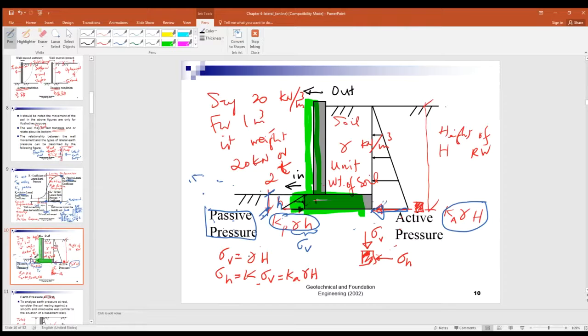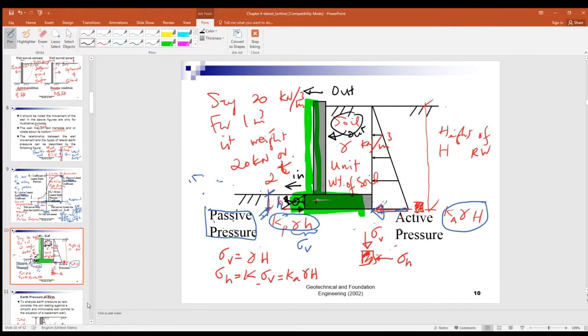So that is passive. Here, the soil is moved out, so that is active. Here, the soil is moved in, right? So that is the passive pressure.